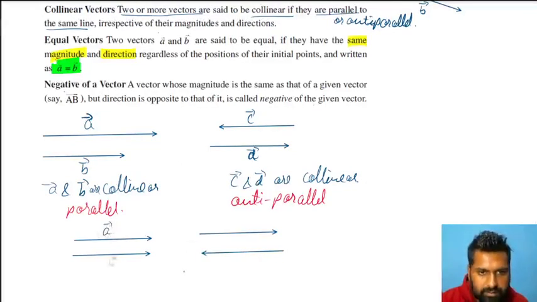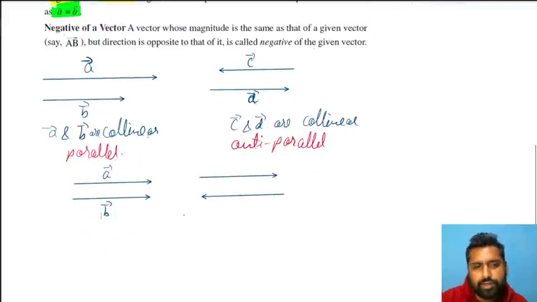This is A vector, this is B vector. Clearly you can see they have the same direction and almost the same length. Actually they should be exactly equal, so I'll try to make them exactly equal.